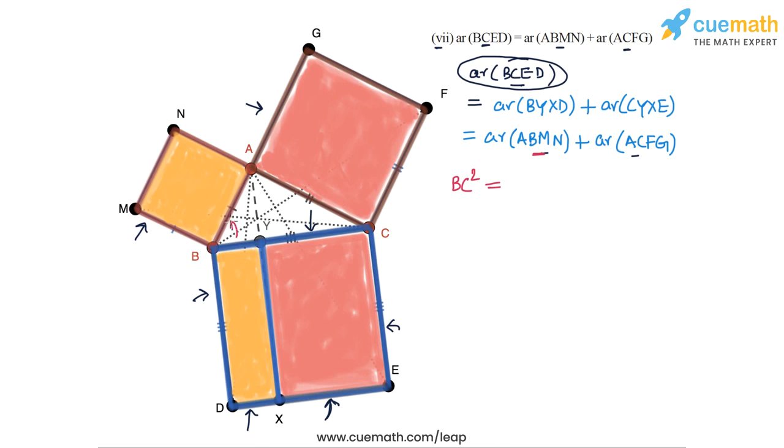ABMN is on side AB, so it can be written as AB square, and ACFG is on side AC, so its area can be written as AC square. So what we get is BC square is equal to AB square plus AC square, which is basically the statement of the Pythagoras theorem. The square of the hypotenuse is the sum of the squares of the other two sides. So this basically completes part 7 of the question.